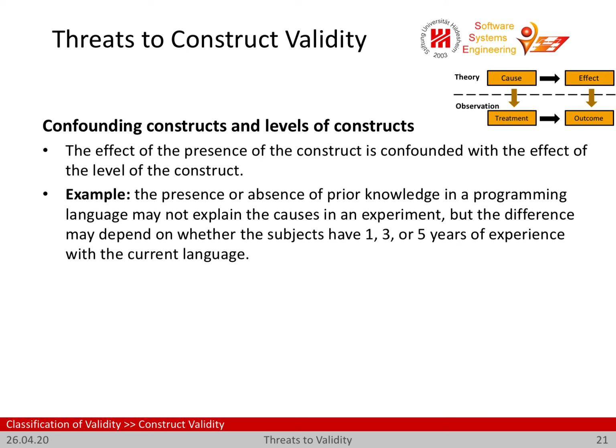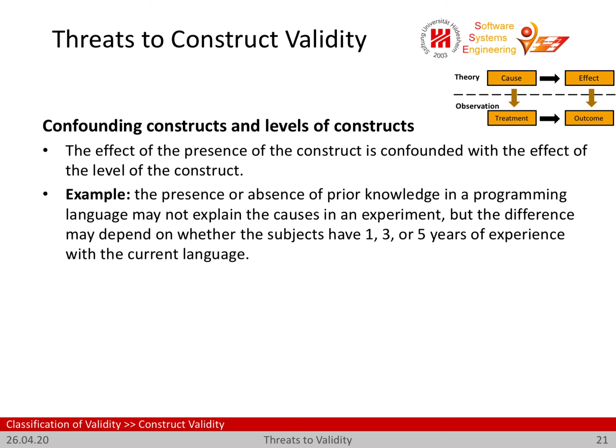the absence or the presence of prior knowledge into our treatment. But actually what we are looking for, for example, good development or well understandable code, may not just depend on whether there is or is not any prior knowledge in a programming language, but actually whether subjects have 1 year or 3 years or 5 years of experience with the language.